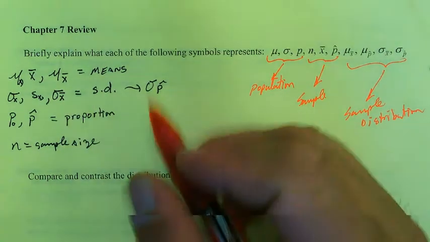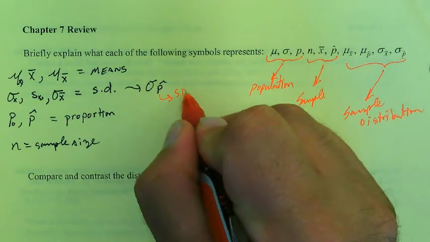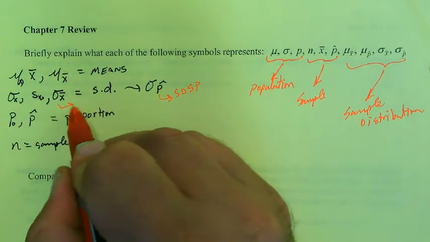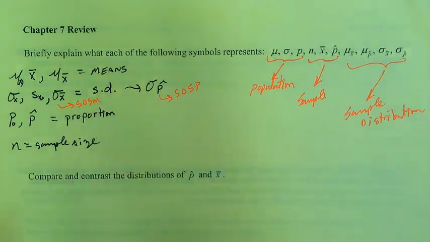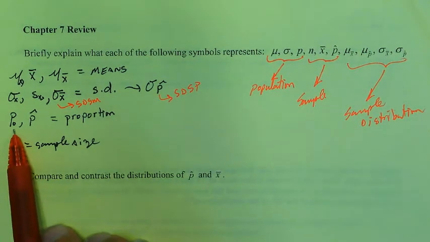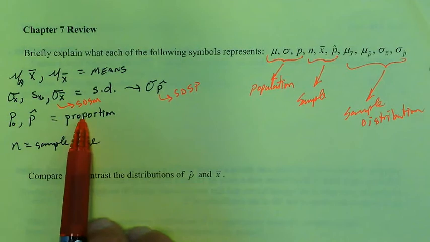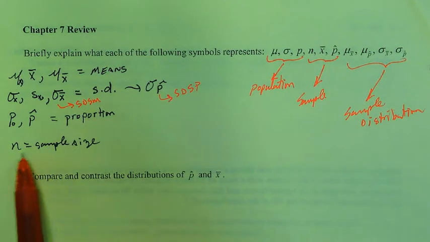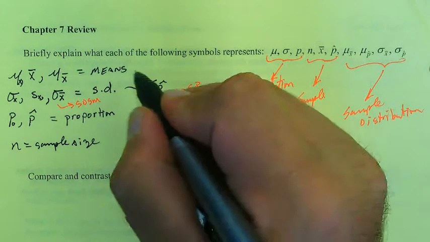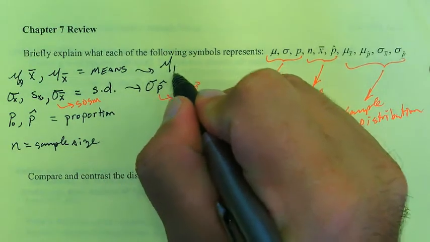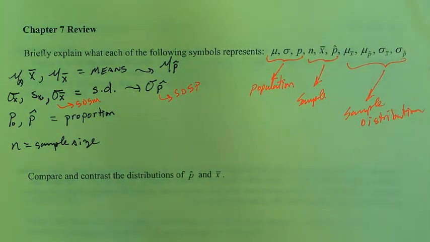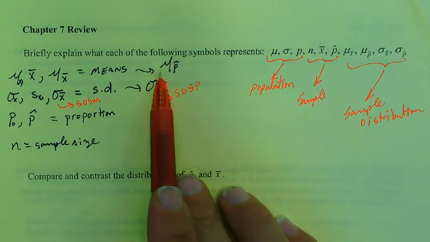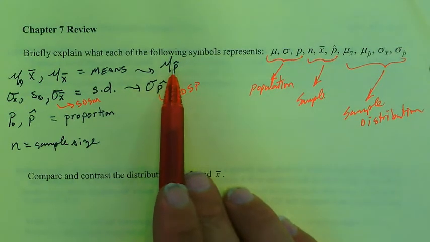So once again, over here, SDSP, over here, SDSM. P naught is population, P hat is the sample proportion, and N is the sample size. The other one that we forgot was mu of P hat, and same thing, that's the mean of the sample distribution of sample proportions.